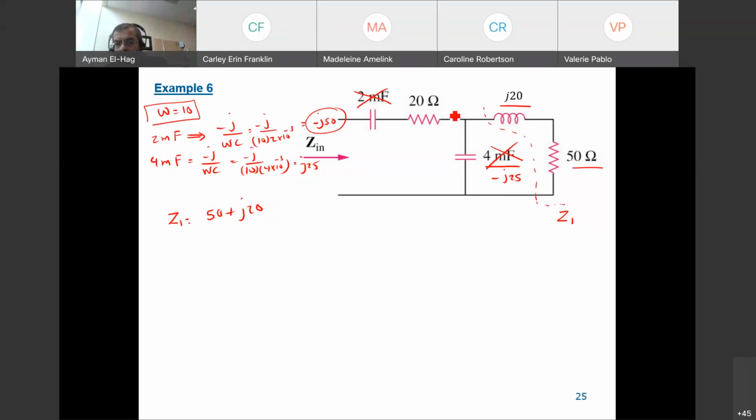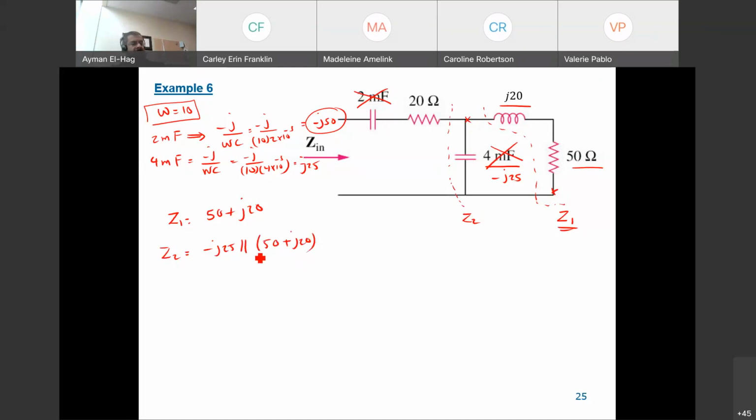Now we go to Z2, and you can clearly see that this capacitor is in parallel with this branch. The two nodes of the capacitor and the two nodes of this branch, which is Z1, are between the same two nodes, so they are connected in parallel. So this is Z2, which is minus j25 in parallel with 50 plus j20.